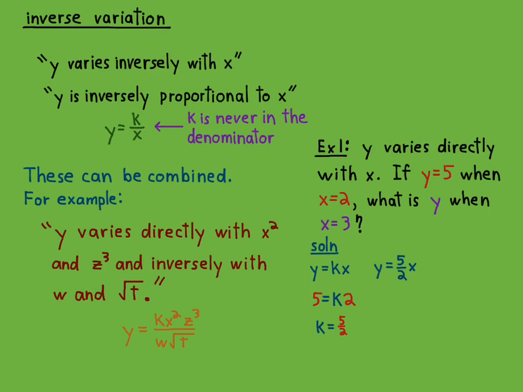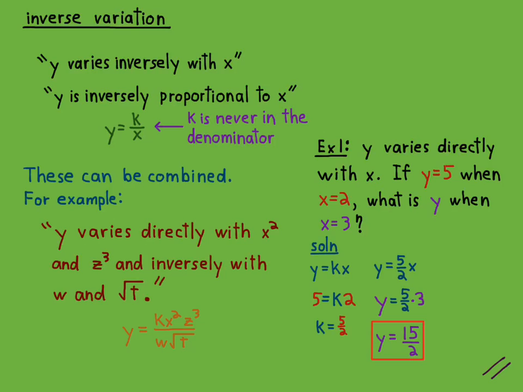They varied the value of x, and that changes the value of y. So you plug x into this equation with the k in it, and you can see what y is. They could have given us y, and then you solve for x as well. Either way works. They said x was 3, so I get y equals 5/2 times 3, and that gives me y is 15/2. That's my answer.